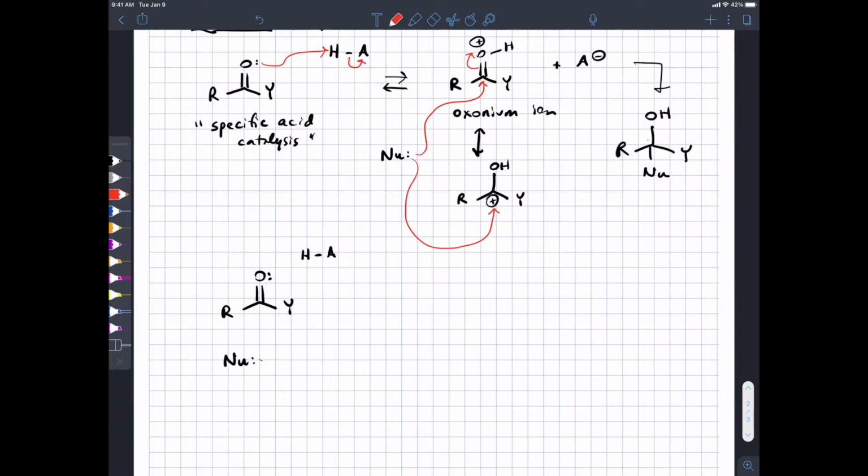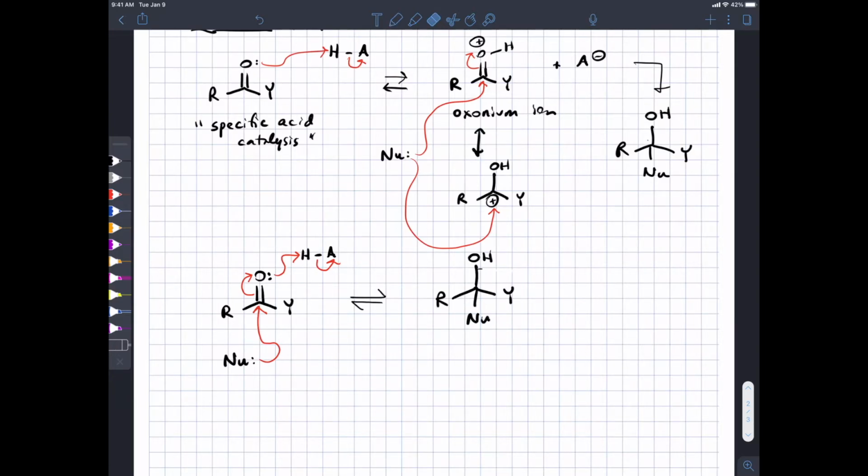What we would do is show the nucleophile attacking the pi star, the pi bond breaking, with electrons moving onto the oxygen, and then lone pair electrons on the oxygen at the same time attack the acid, and in one concerted step, you add the nucleophile and you protonate the carbonyl oxygen.